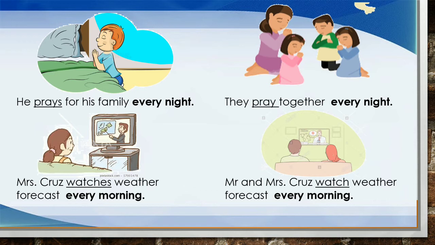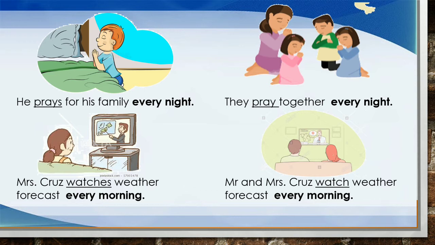Is it singular or plural? Verb without an S at the end. Singular or plural? Yes, very good. It is in a plural form. So they pray together every night, and it is also done habitually. The difference is their subject.